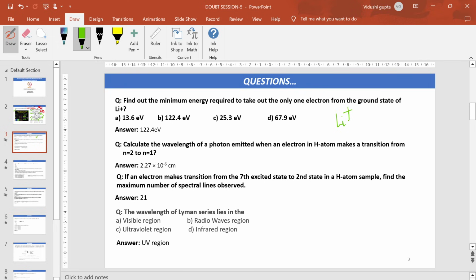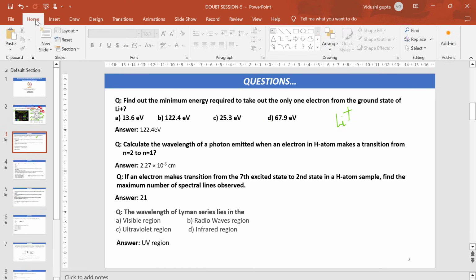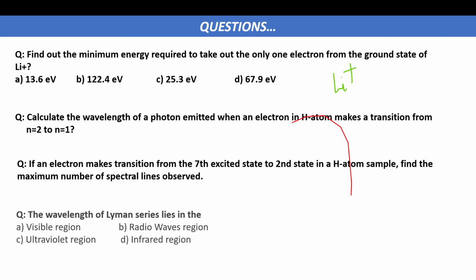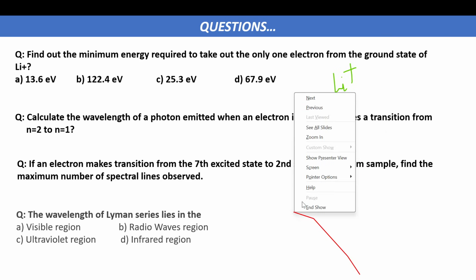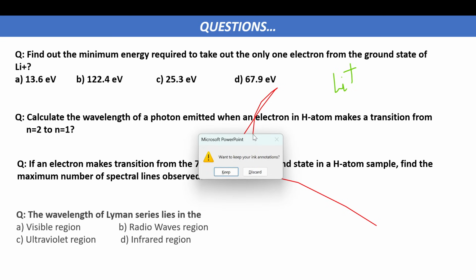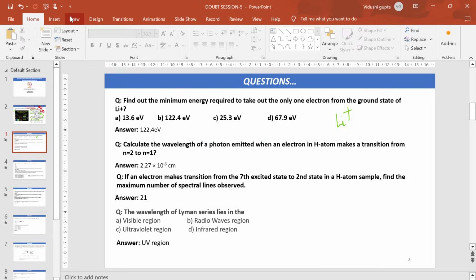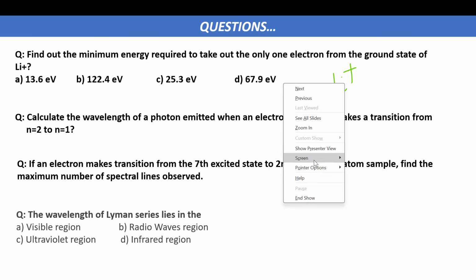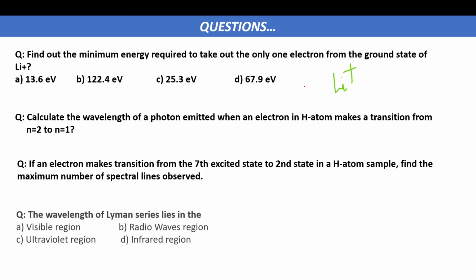What will be the minimum energy to take out the electron from the lithium plus ground state? 13.6, 122.4, 25.3 or 67.9?